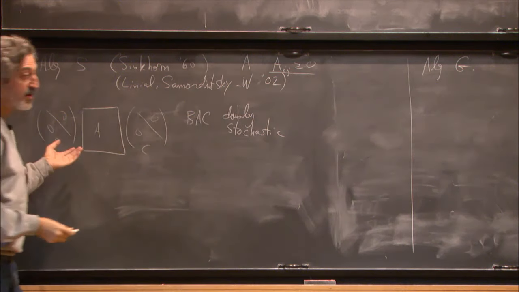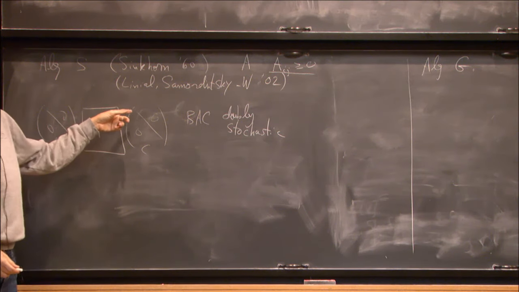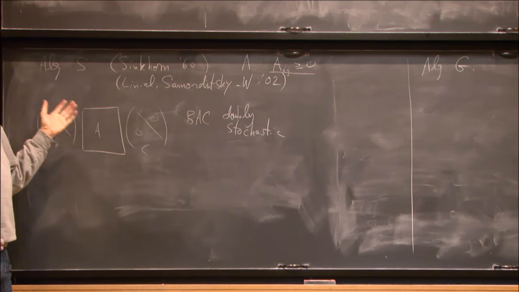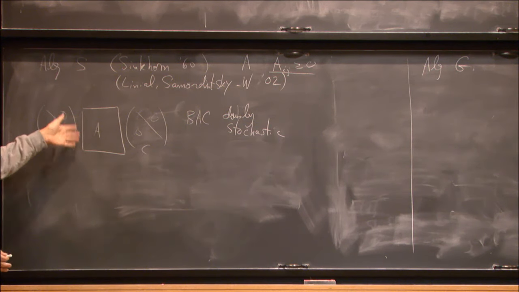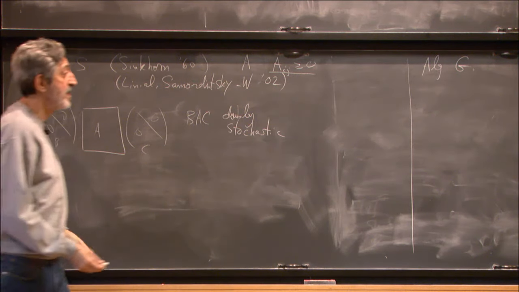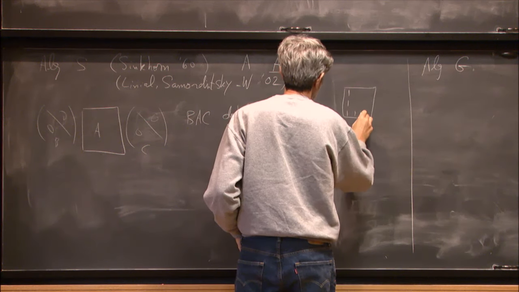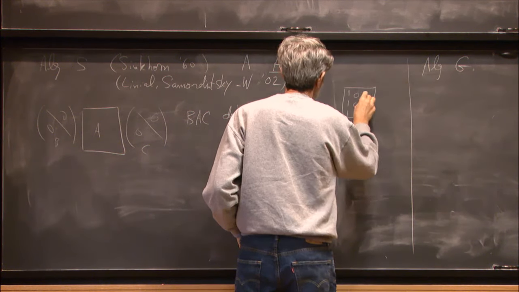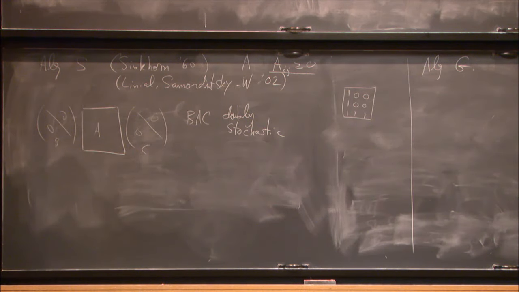Now, it's not always possible to make a matrix doubly stochastic. For example, if there is a row of zeros here, there's nothing you can do to make the row sums 1. If there is a column of zeros, same problem. In fact, there are more general limitations. For example, if you look at this matrix, it turns out you cannot make it doubly stochastic in this way.